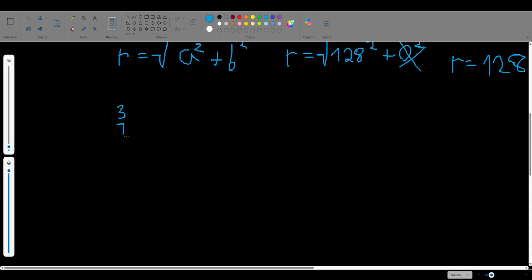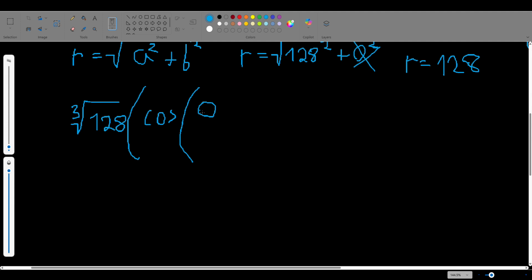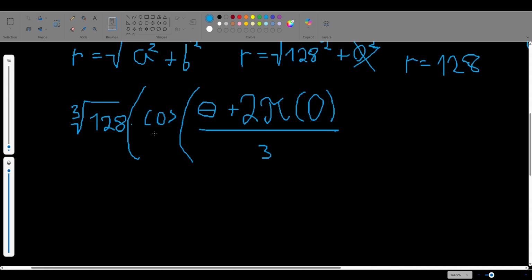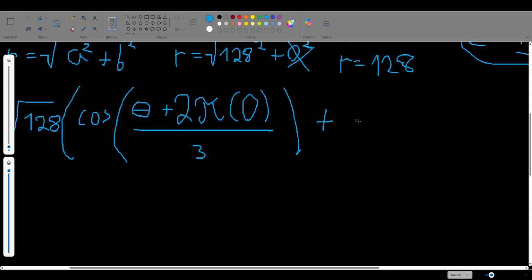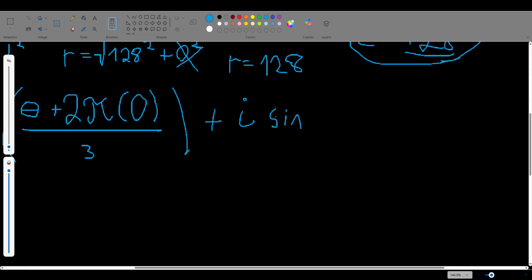So we're going to start off with the cube root of 128 times the cosine of (theta plus 2 pi times 0, because this is the first one we're doing, divided by 3, our n), plus i times the sine of (theta plus 2 pi times 0) divided by 3.